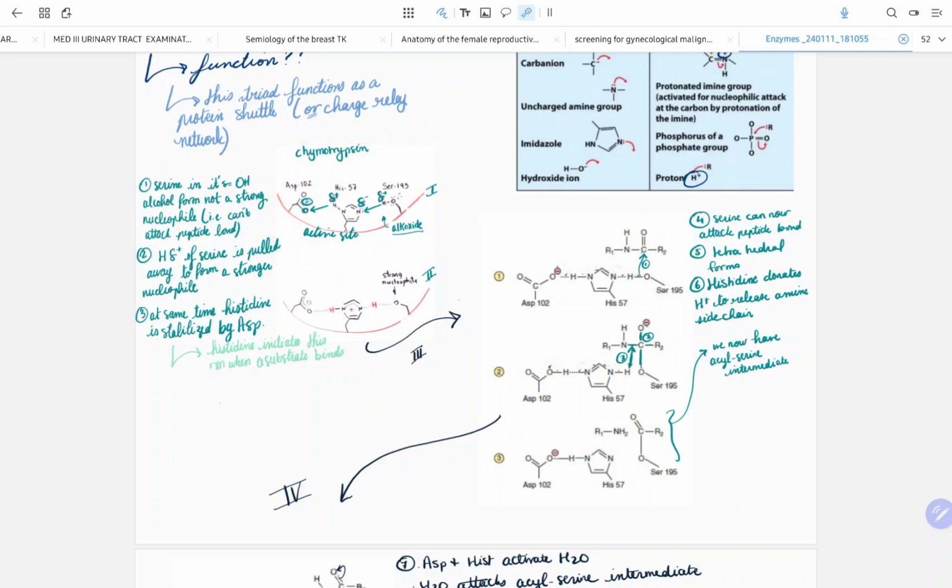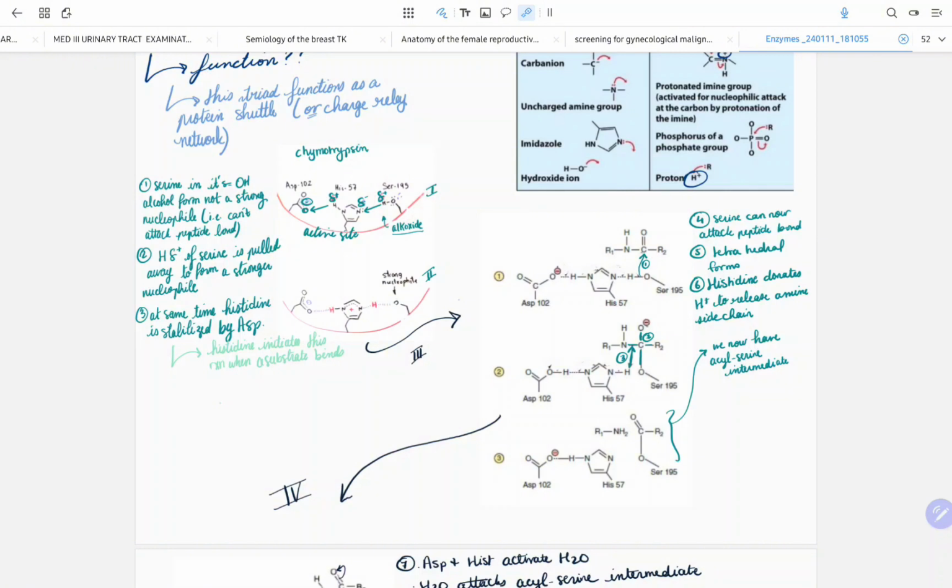So the first step is that we have serine, we have histidine, and we have aspartate. Serine is supposed to be the nucleophile that's gonna attack the peptide bond that's gonna come, right? But if you look at serine right here, it's not a very strong nucleophile. And it needs to be a strong nucleophile so that it can attack the protein, right?